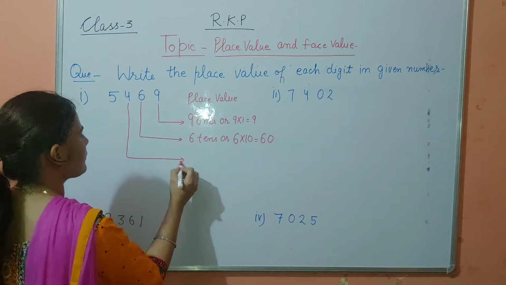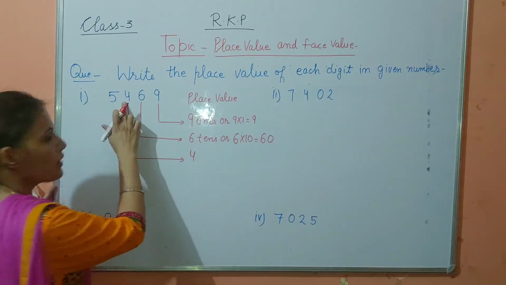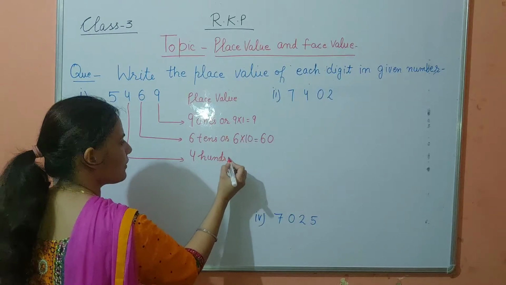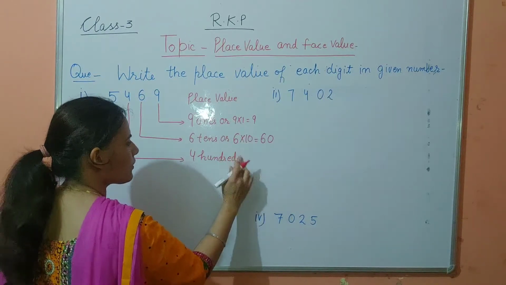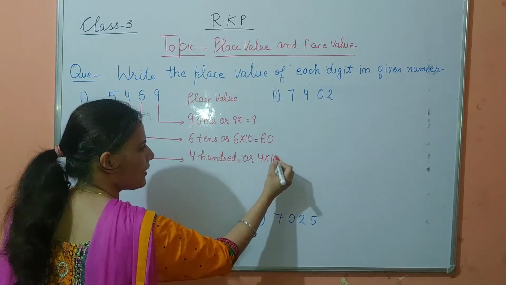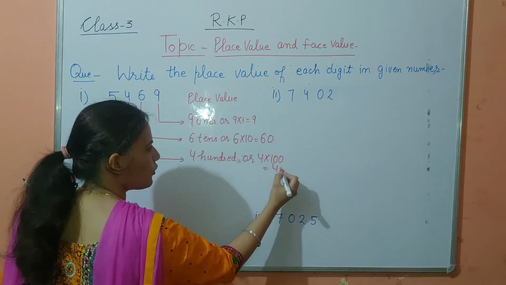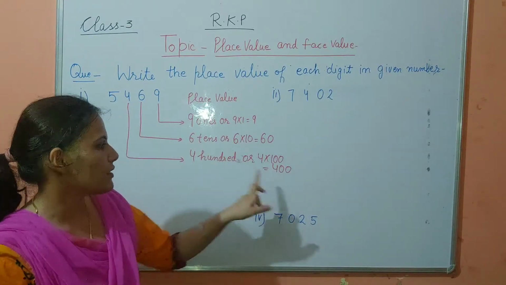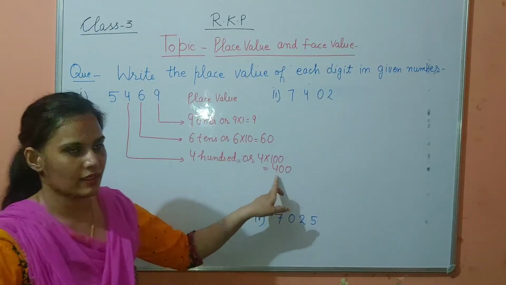Similarly, 400, you can write 400 or 4 multiplied by 100, that is 400. Both are correct. Write like this or like this.